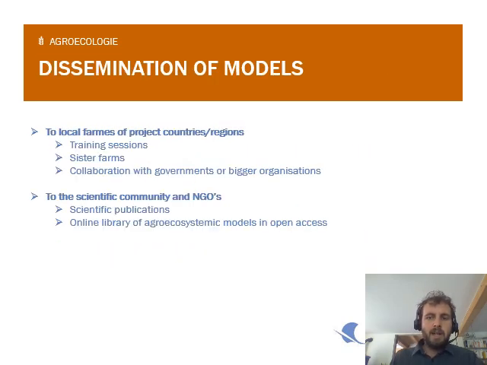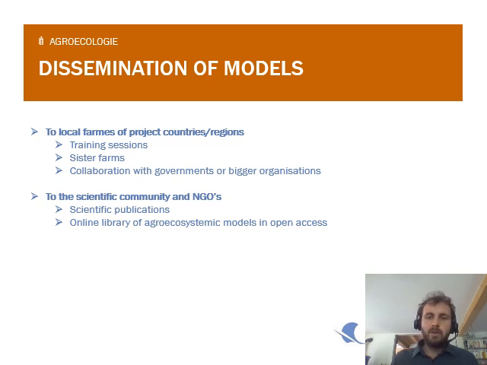So basically, all of this is to test and create a final model of a farm, and then, as I said in the antenna strategy, we want to disseminate this model as much as possible. So first of all, we disseminate the model and the agroecological practices that are part of it at a local level around the project in the project areas.